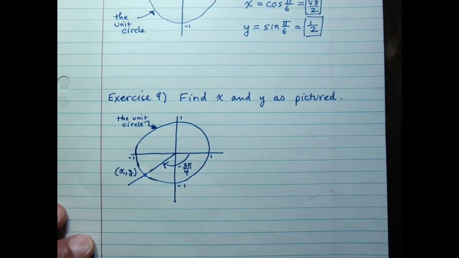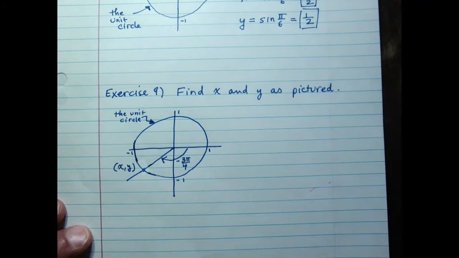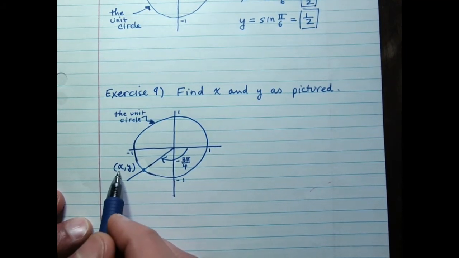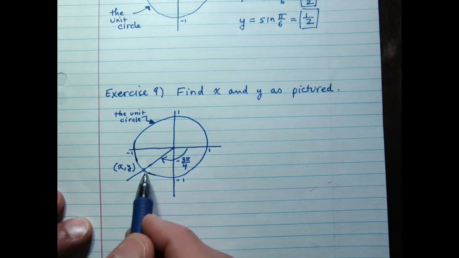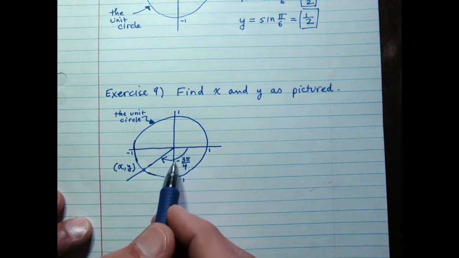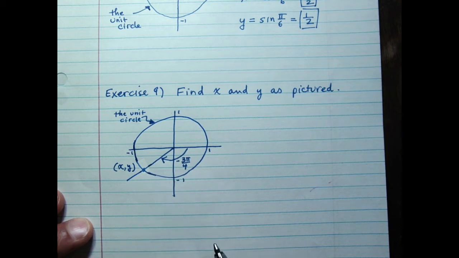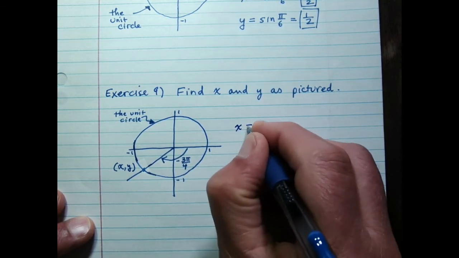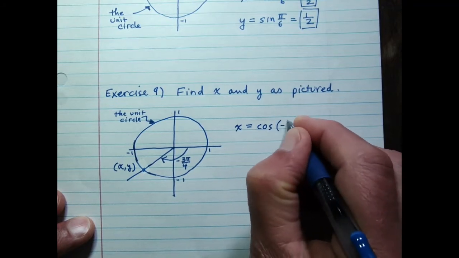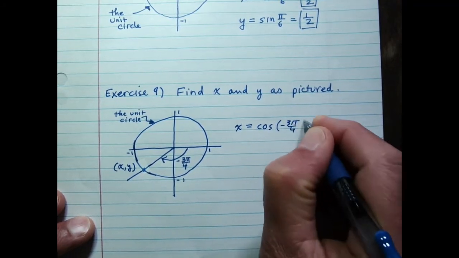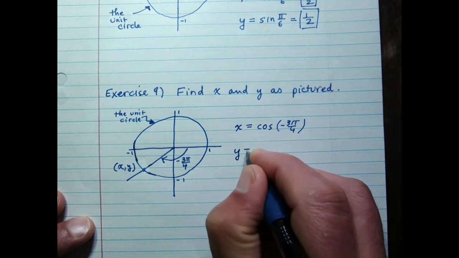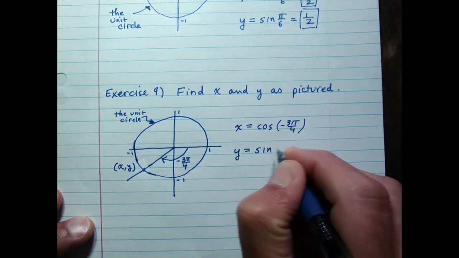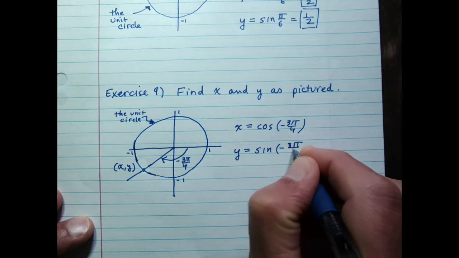In exercise 9, find x and y as pictured. Slight variation on things here. We want to find this coordinate x, this coordinate y, which is where the terminal side of negative 3 pi over 4 intersects the unit circle. And so we can say x is equal to cosine of negative 3 pi over 4, and y is equal to the sine of negative 3 pi over 4.